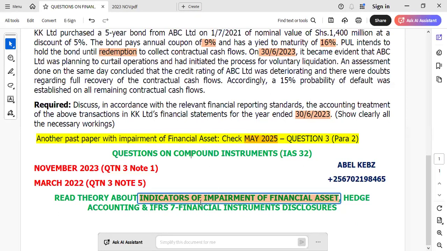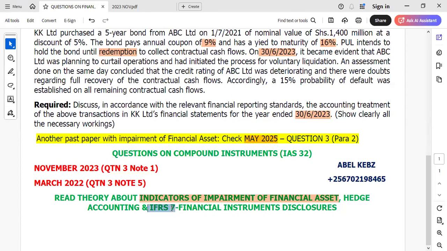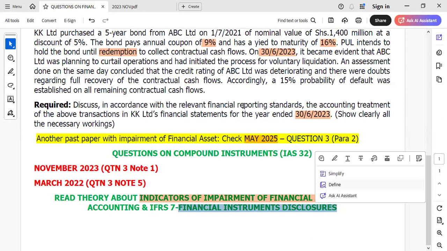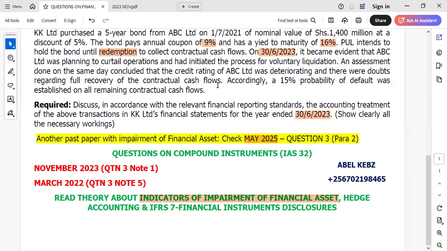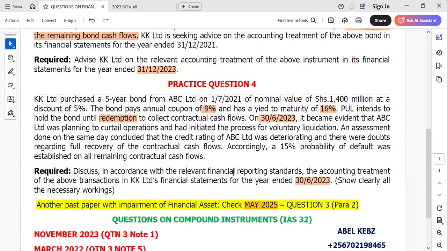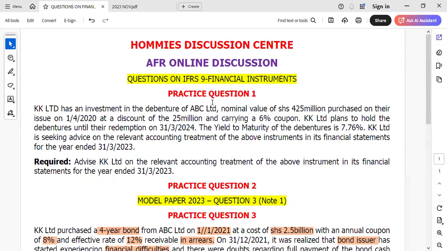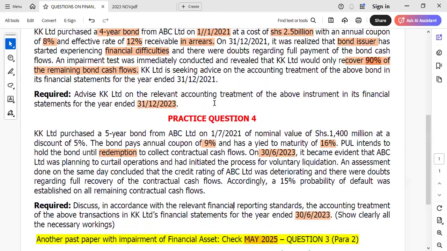You have to tell the users of your financial statements about financial instruments. So this standard, IFRS 7, helps us to know the disclosures that we must include in our notes to the financial statements.